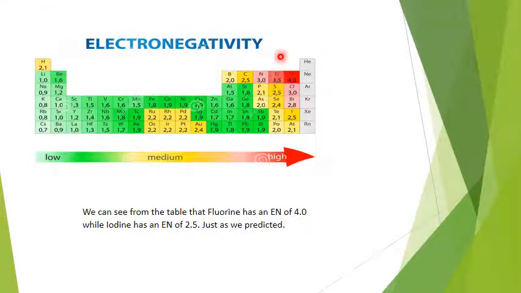The same is true for oxygen. Oxygen only has 2 energy levels, and it has the strongest electronegativity of everything in that column. So oxygen has 2, sulfur 3, and as the atom gets bigger, the less it can pull on the electrons. So as you go up, electronegativity increases. We're going to explain this tendency in a minute as well.